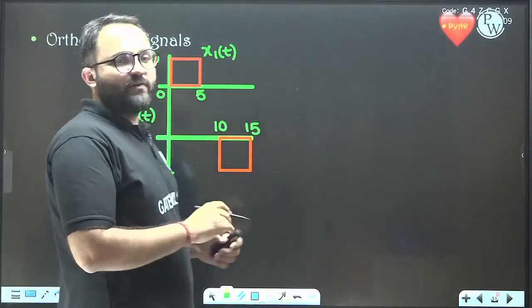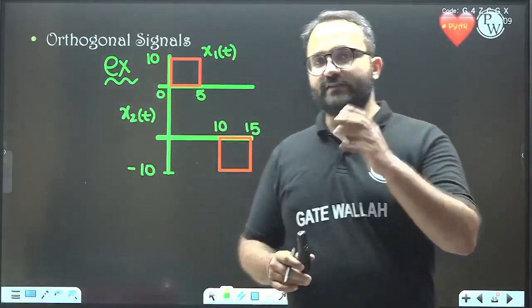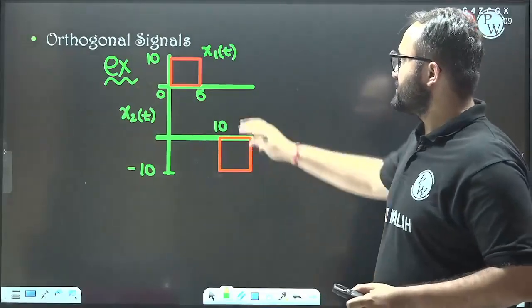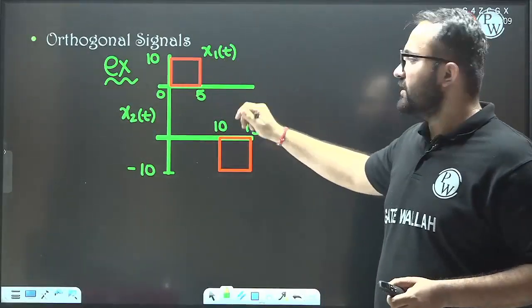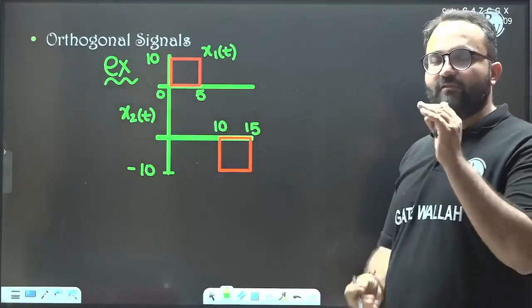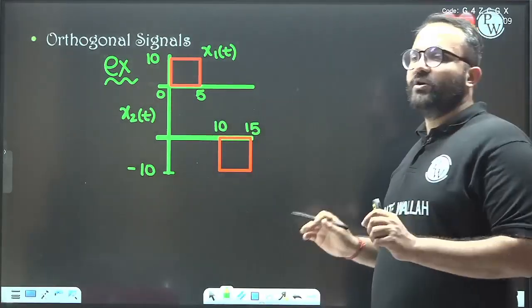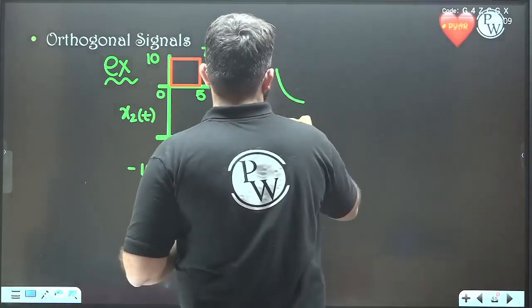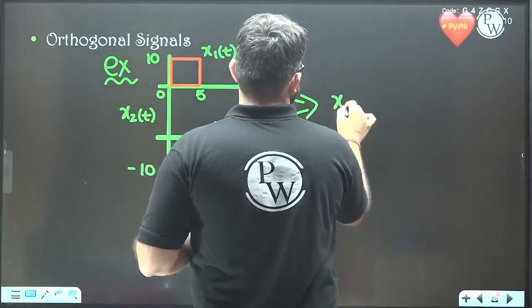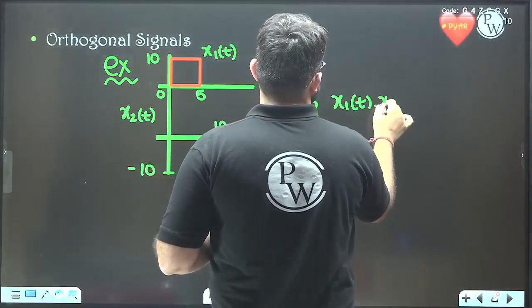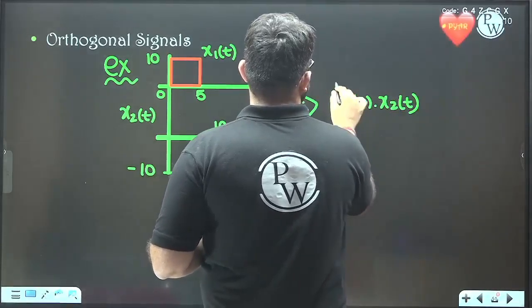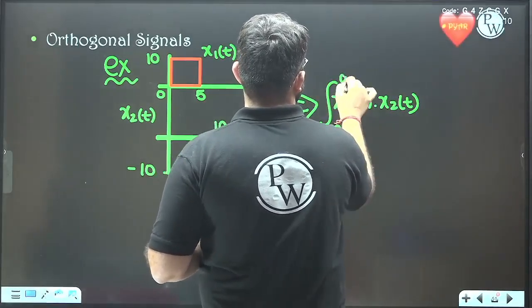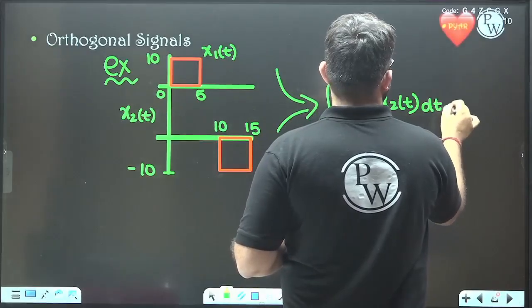Now if you multiply these two signals, we can see that this signal exists from 0 to 5 only, and this one exists from 10 to 15. When we multiply these two, we get a 0. And thus the integral from minus infinity to infinity of x1(t) multiplied by x2(t) dt will be 0.